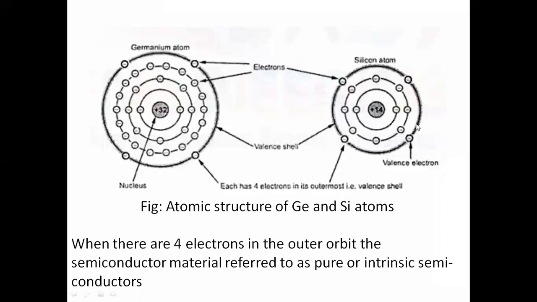This particular orbit is called the valence shell, and the electrons are called valence electrons. So there are 4 electrons in their valence orbit. Similarly, for the germanium atom, we also have 4 electrons in the outer orbit: 1, 2, 3, and 4.